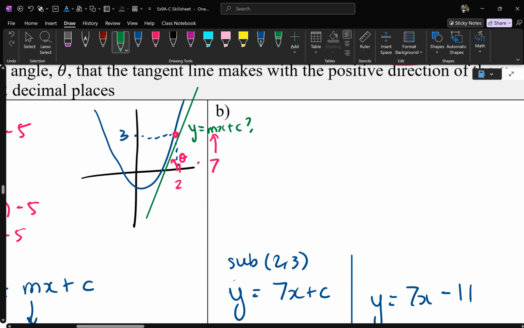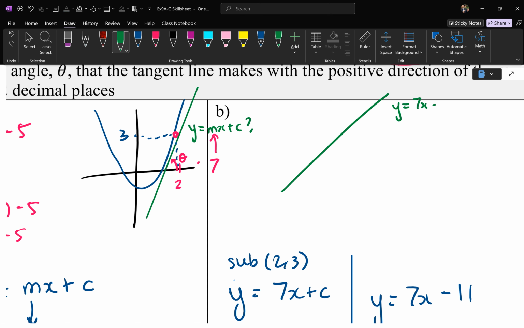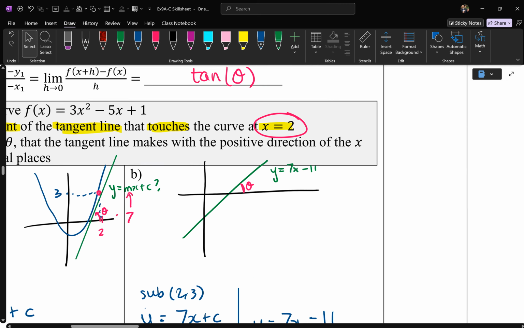So what I'm saying is, you've got a tangent line, y equals 7x minus 11. Here's your x-axis. You're asking how to find that angle. Any clues? How do you find the angle that the tangent line makes with the x-axis?